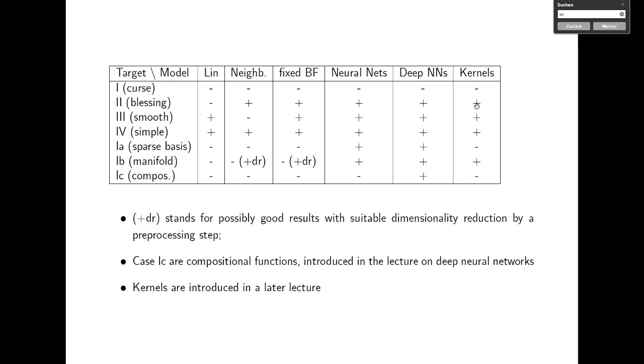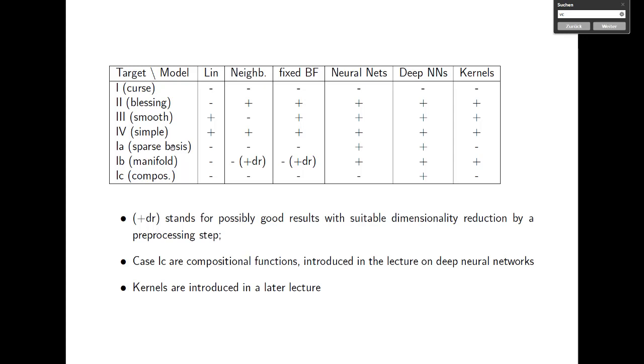Deep neural networks work, and kernels work. So everything works except for the linear model, because obviously we're saying the function is complicated. The third case was that the function is smooth, so everything works except neighborhood methods might have some problems already. And the simple one, finally everything works. So that's the low dimensions and smooth function.